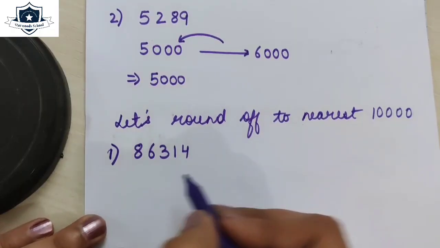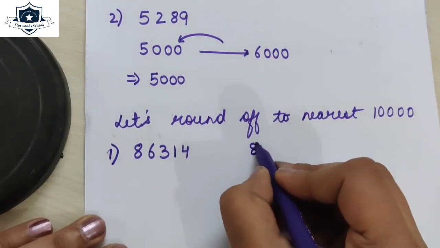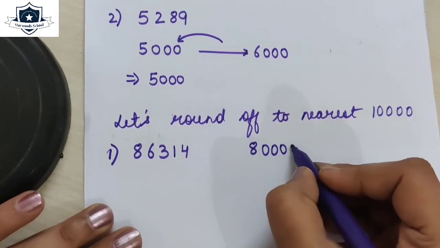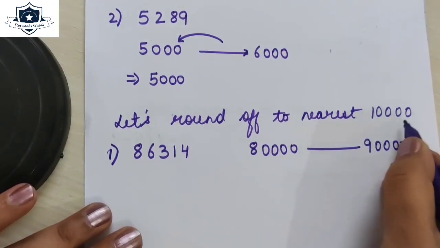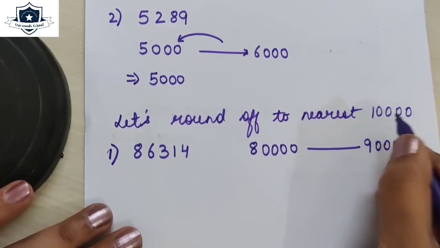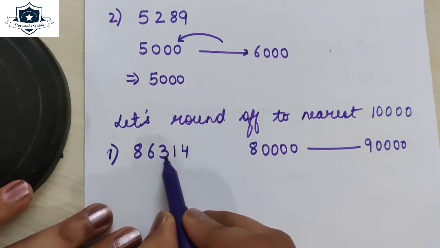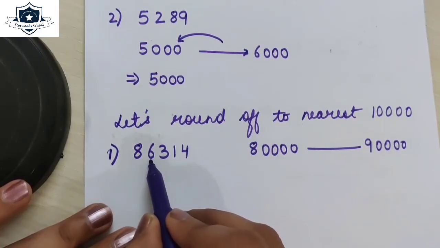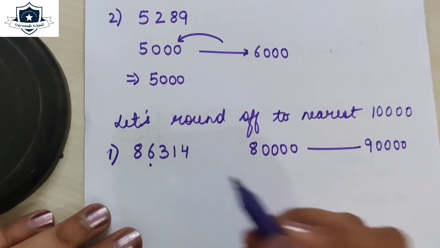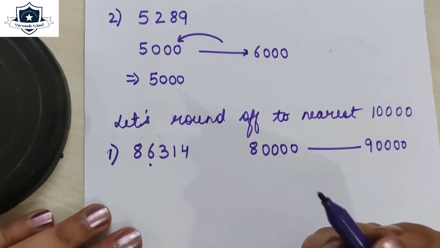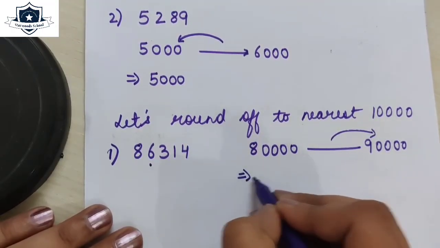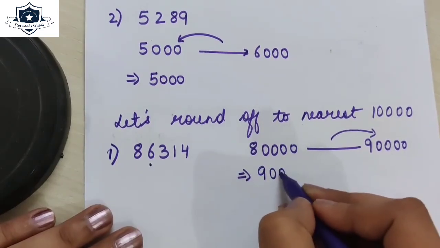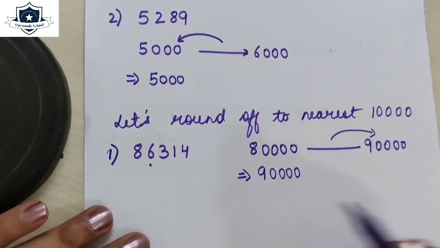Here the range is 80,000 to 90,000. 4 zeros are there, so we'll compare the fourth place. This is falling into the elder bracket, between 5 to 9. So the number will jump off to the next round off number, that is 90,000, the nearest 10,000.